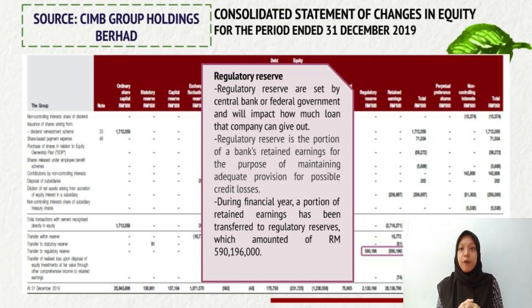In the Statement of Changes in Equity of CIMB Bank, we can see that a portion of retained earnings is transferred to the regulatory reserve for the purpose of maintaining adequate provision for possible credit losses. Now, I will pass you over to my partner, Shukri, to sum up this topic.